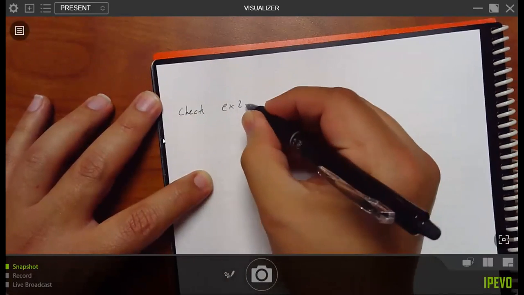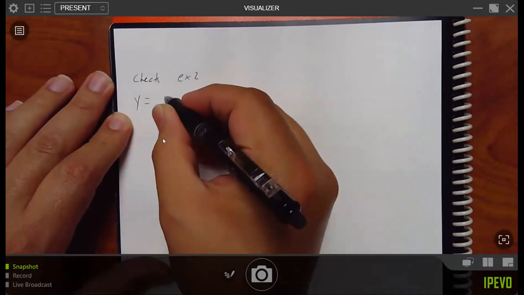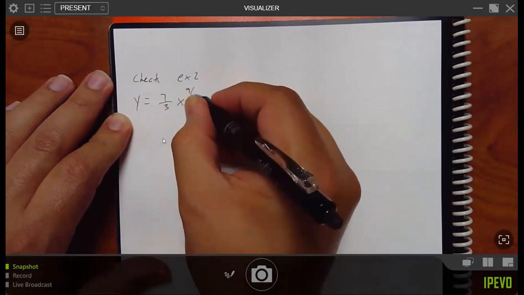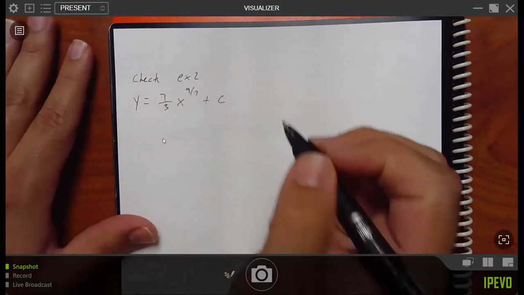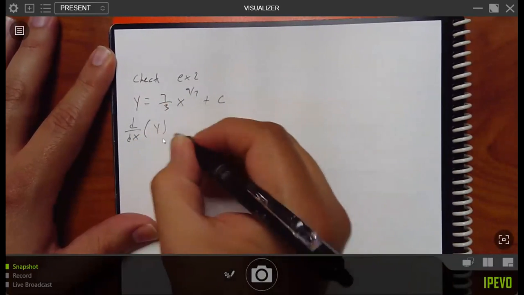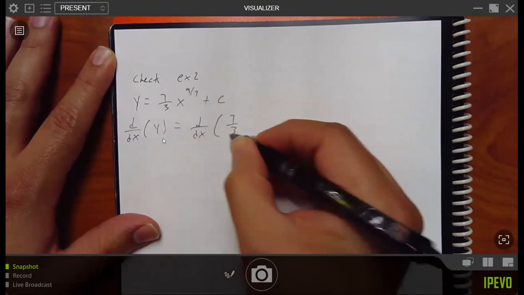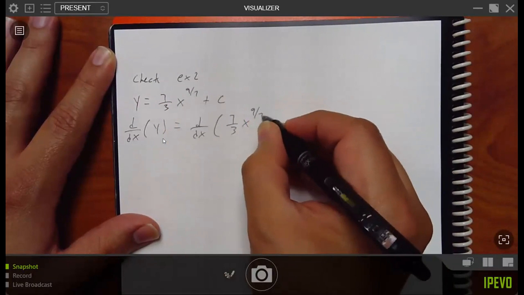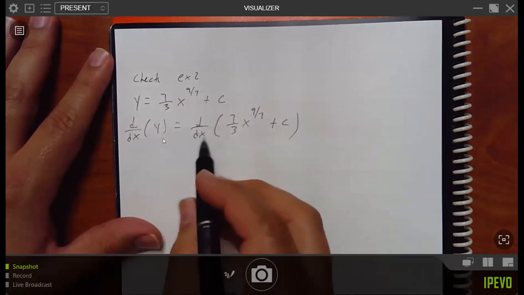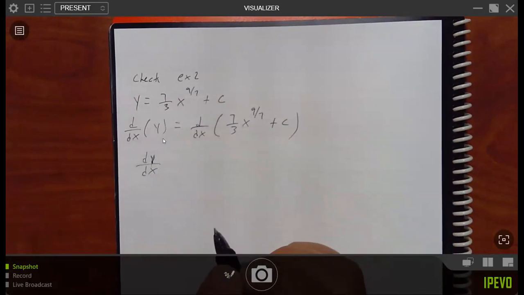Check example 2. So we found y to be 7/3 x to the 9/7 plus c. Is that in fact the solution? Let's find out. Take the derivative of both sides with respect to x and see if it's correct. So we're checking our work. The left-hand side is just dy/dx, using our rules of implicit differentiation.